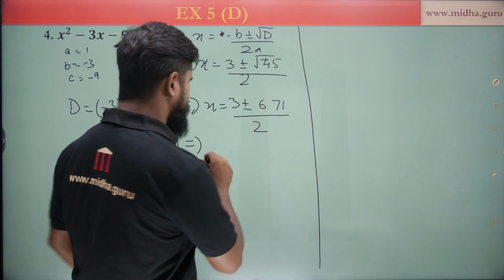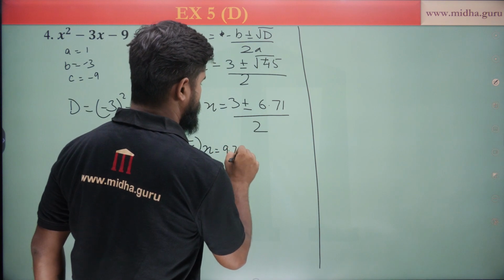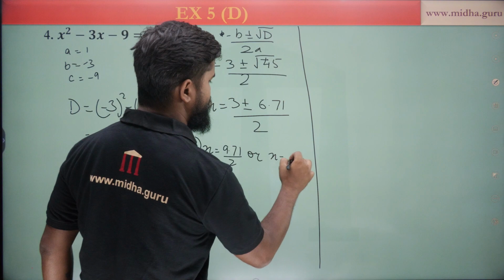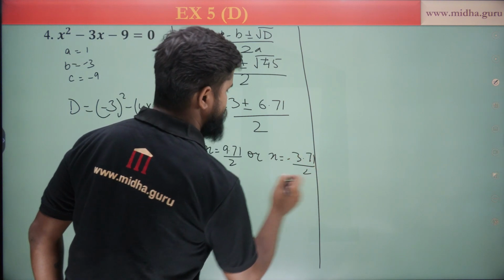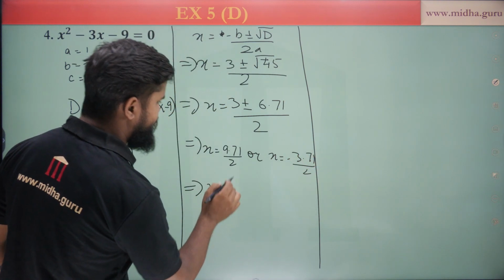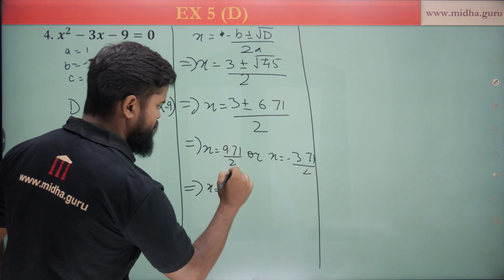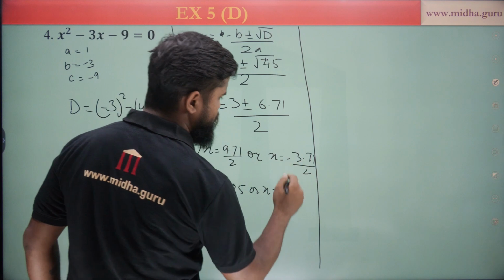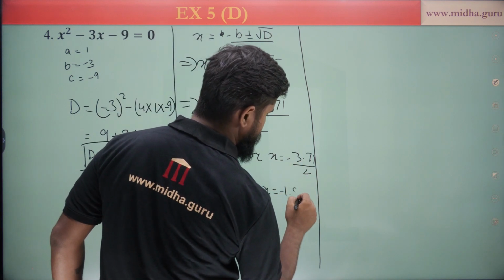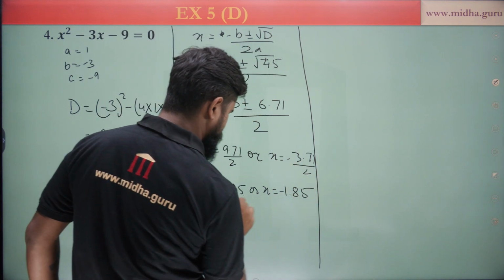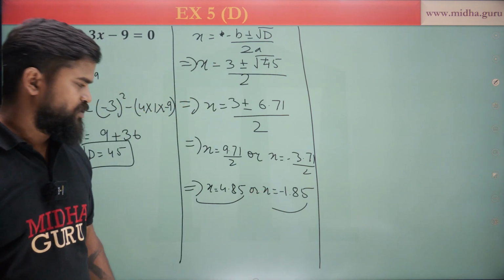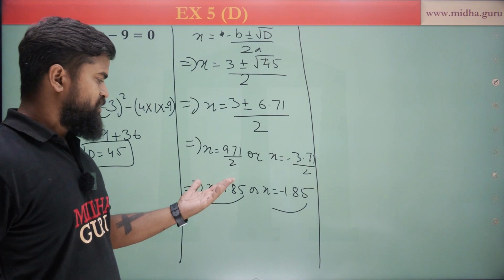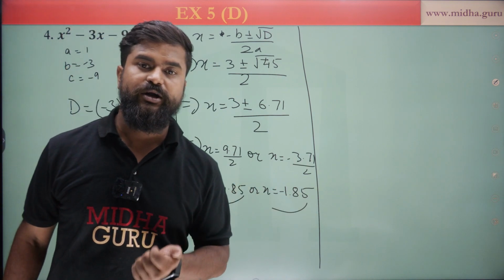Now 3 plus 6.71 would be 9.71 by 2, and 3 minus 6.71 would be minus 3.71 by 2. And if we divide it by 2, we get 4.85, or x is equal to minus 1.85. So rounded off to 2 decimal figures, the solution for this quadratic equation is 4.85 and minus 1.85.